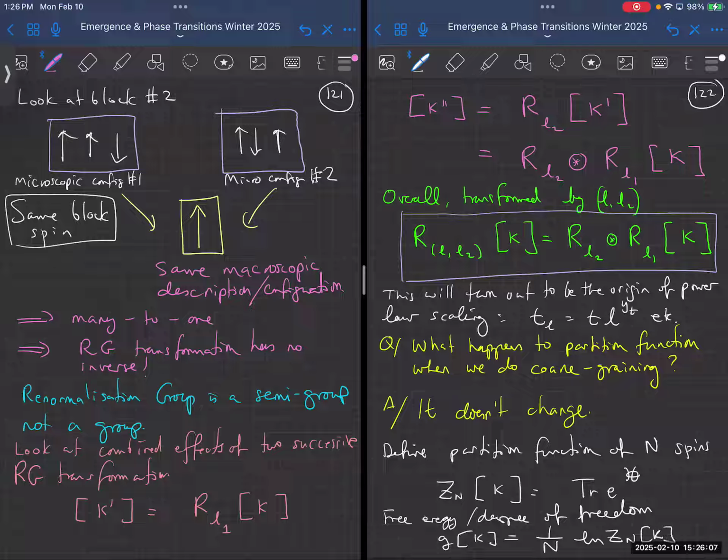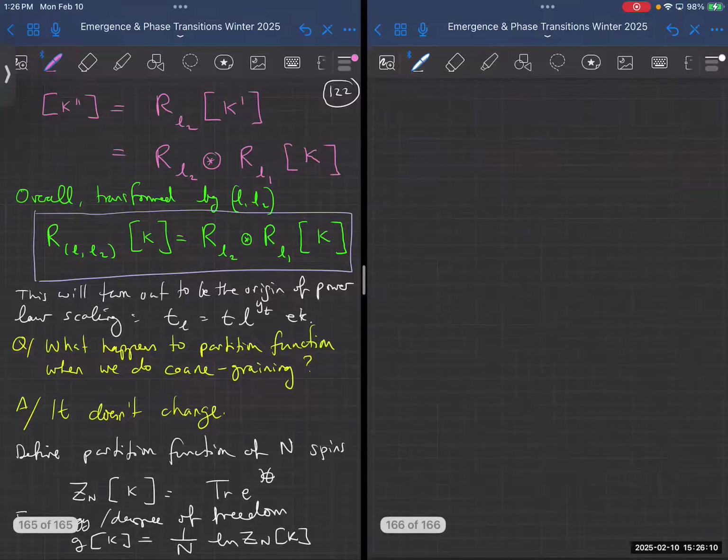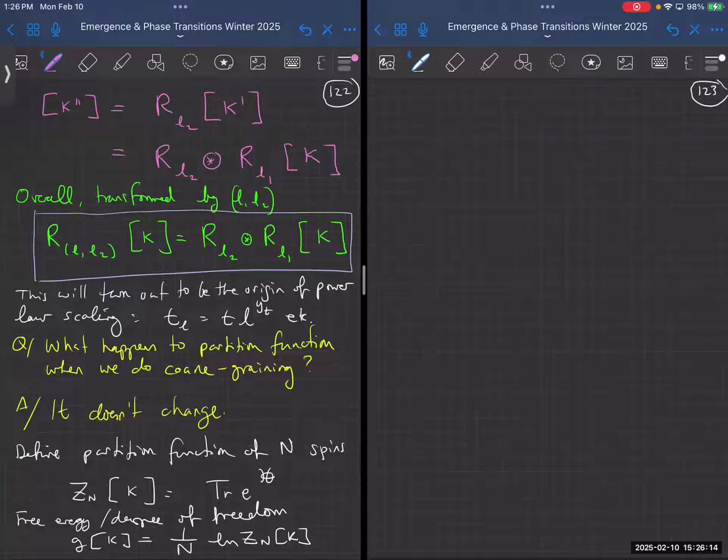Having got rid of all these annoying factors of kT makes the equations a little bit easier.